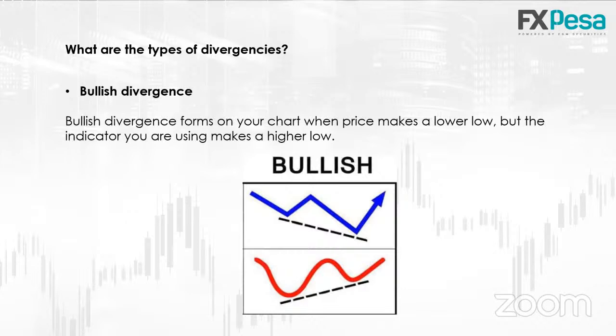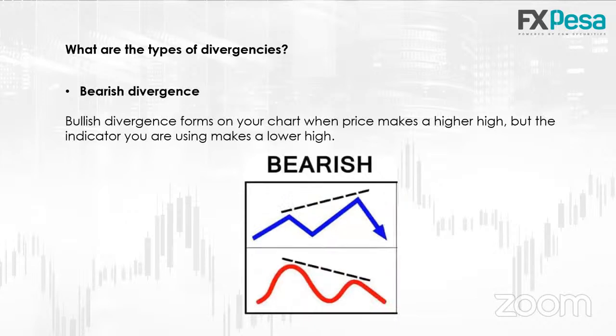And then we have a bearish divergence, which is the opposite of this. You have price forming higher highs, like in this case. But when you look at the indicator, instead of following what the price is doing, it's doing the opposite. It's forming a lower high instead of a higher high.